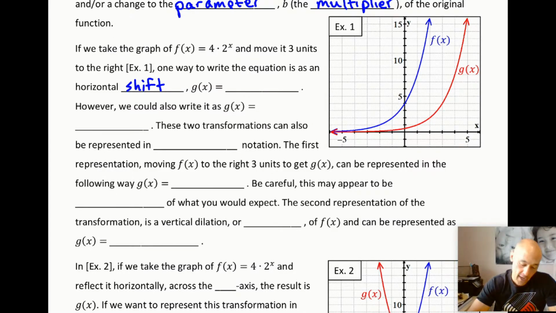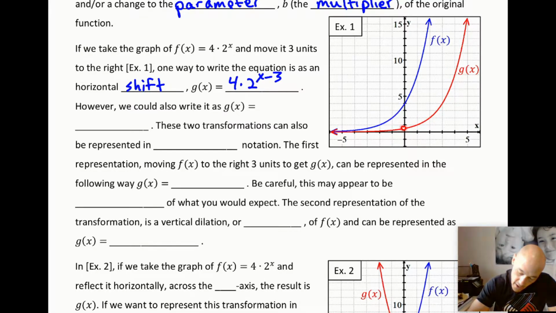And we can write that as g of x is equal to 4 times 2 to the x minus 3. However, we could also write it as g of x is equal to, and if you look, we can just think of this in terms of given what we know.